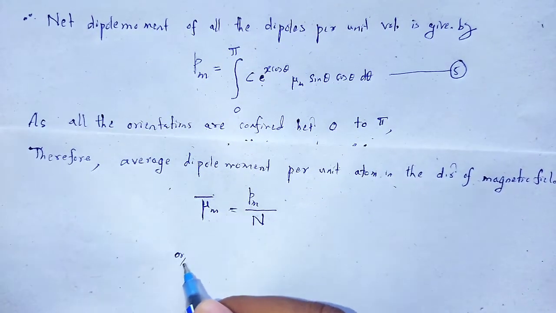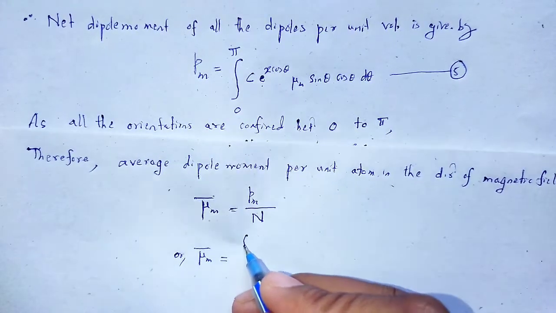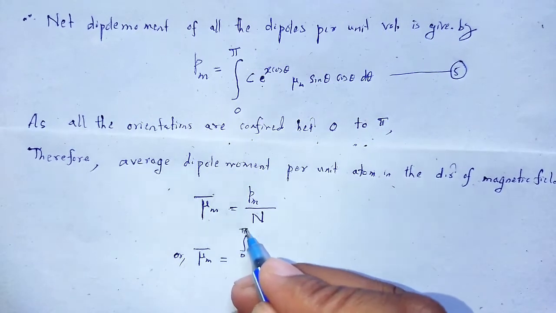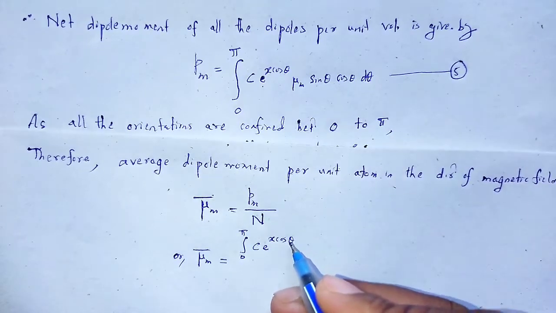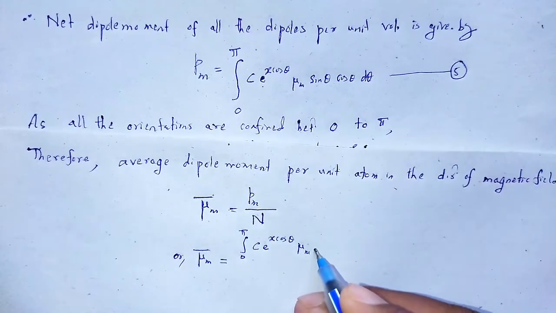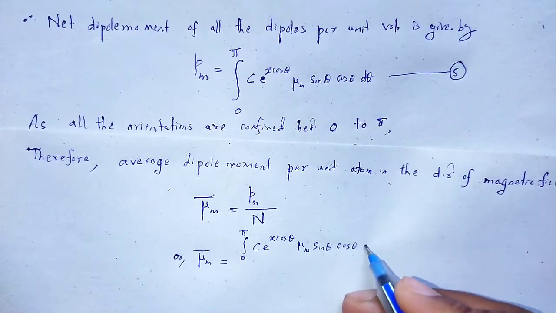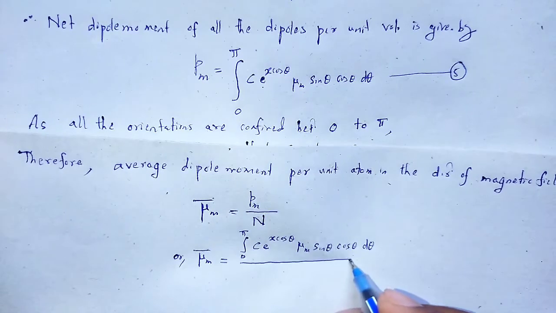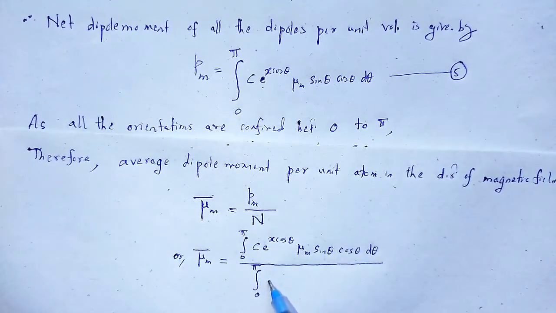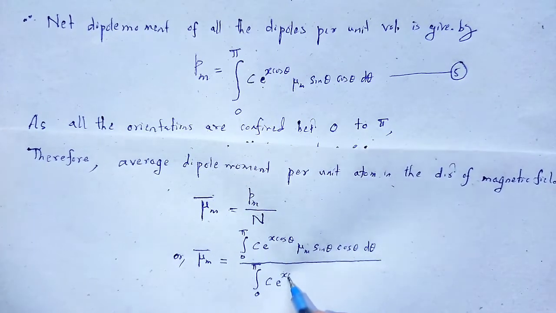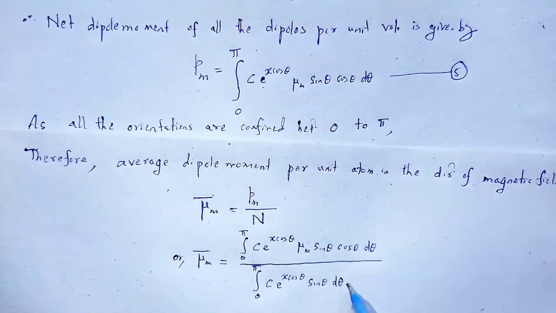Mu m bar is equal to the integration from 0 to pi of c e to the power x cos theta mu m sin theta cos theta d theta, divided by the integration from 0 to pi of c e to the power x cos theta sin theta d theta.